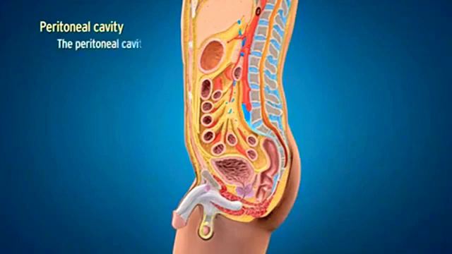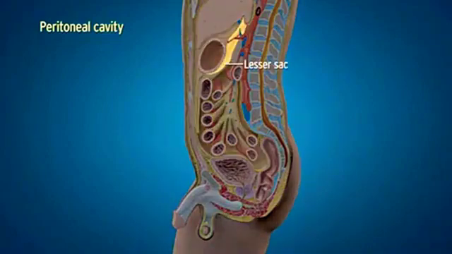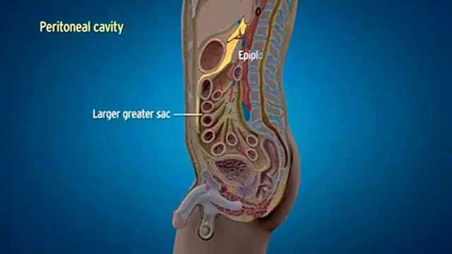The peritoneal cavity is broadly subdivided into two spaces, greater sac and lesser sac. Lesser sac, also known as omental bursa, is situated behind the stomach. It communicates with the larger greater sac through the epiploic foramen.